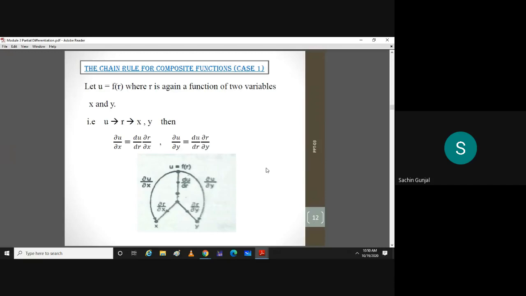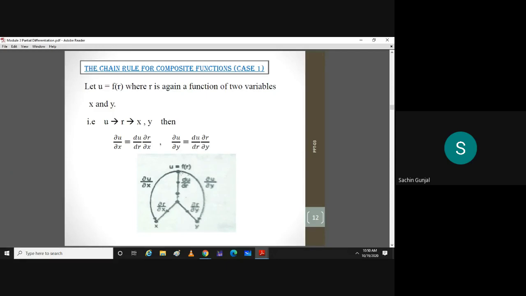There are two or three cases. If u is a function of a single variable r, and that r is a function of two variables, say x and y, then you can calculate the partial derivative of u with respect to x as well as with respect to y. So ∂u/∂x is du/dr into ∂r/∂x, and ∂u/∂y is du/dr into ∂r/∂y.